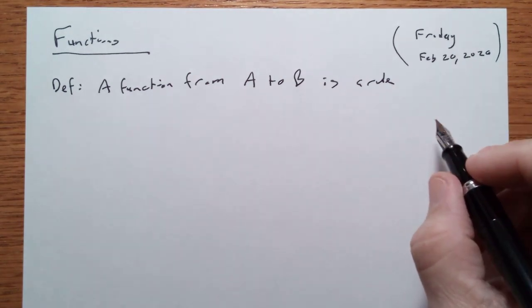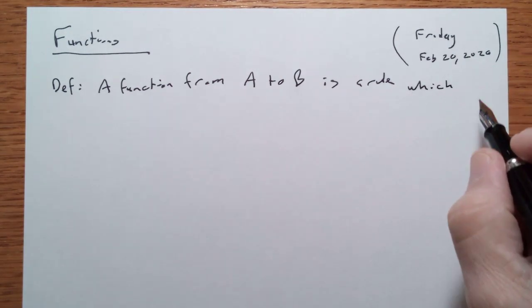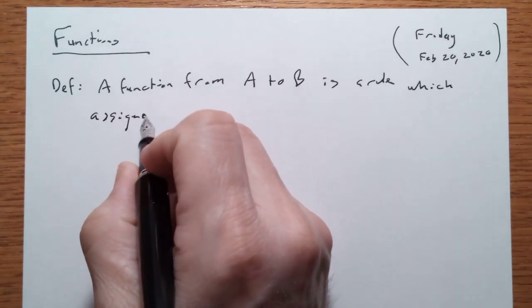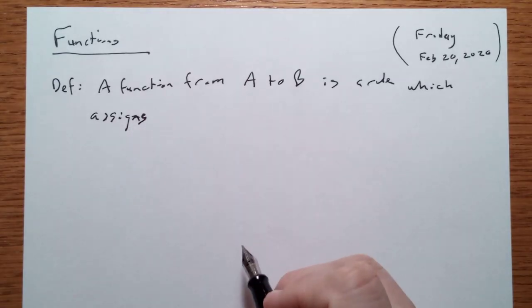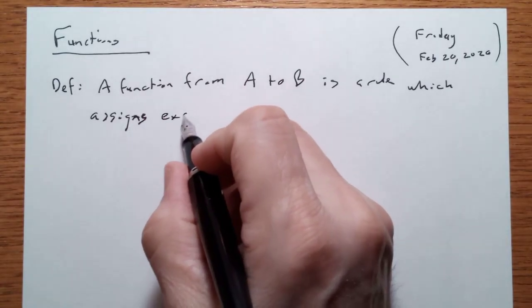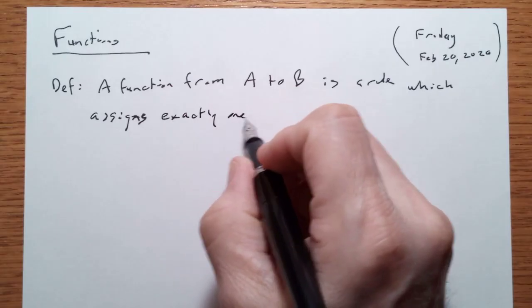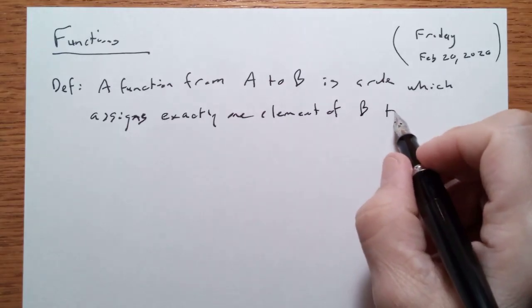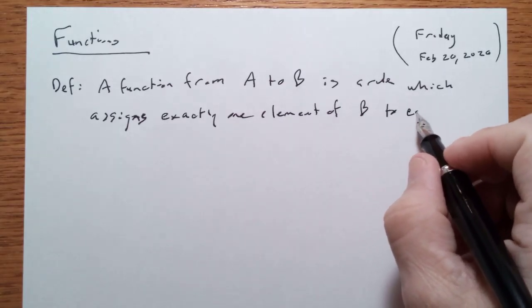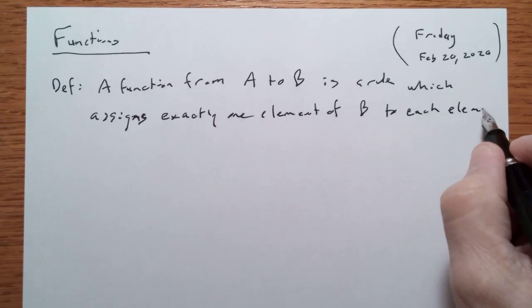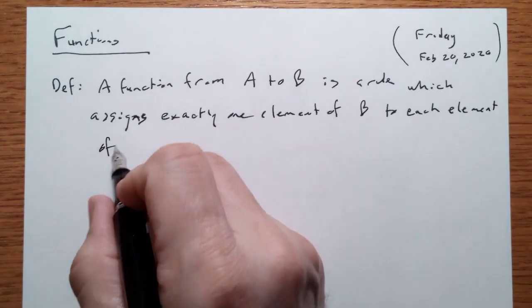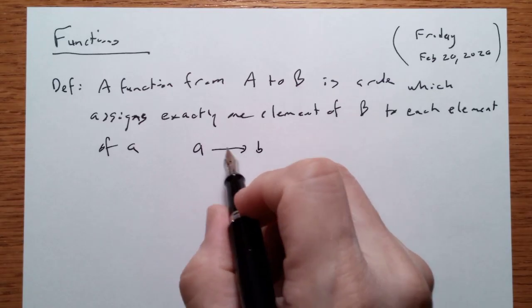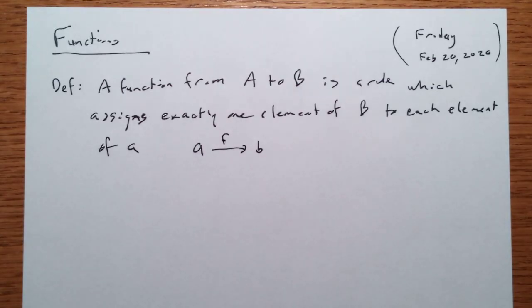And it's a rule with a particular assignment scheme, which assigns exactly one element of B to each element of A. So A is taken to B by our rule F.